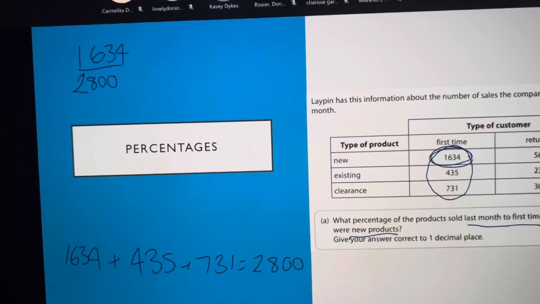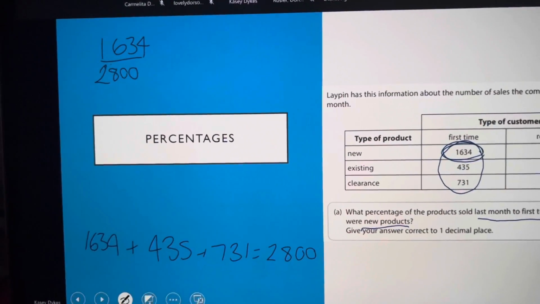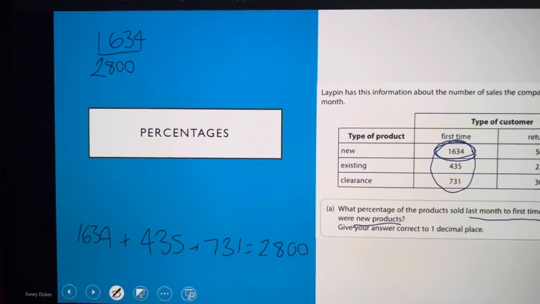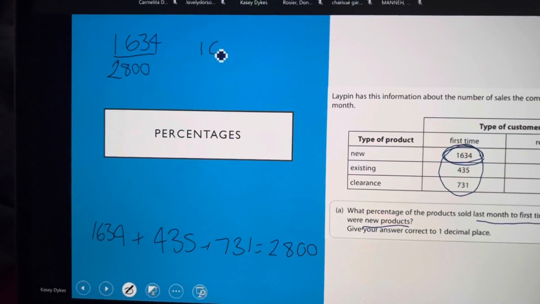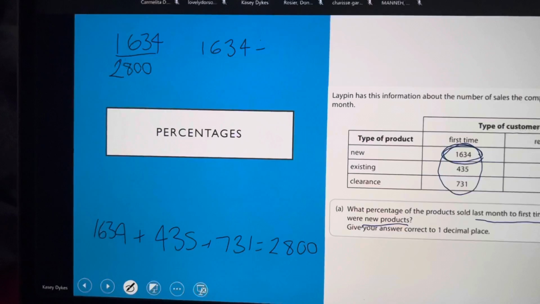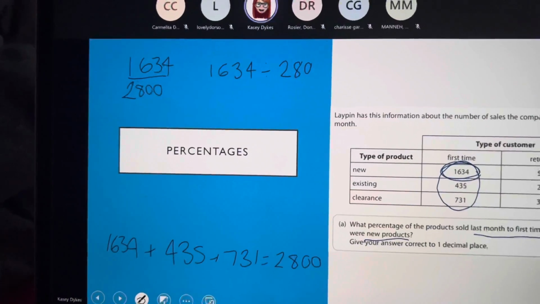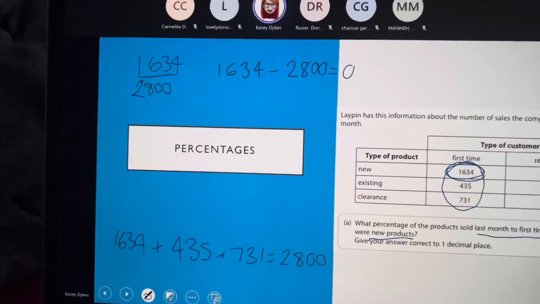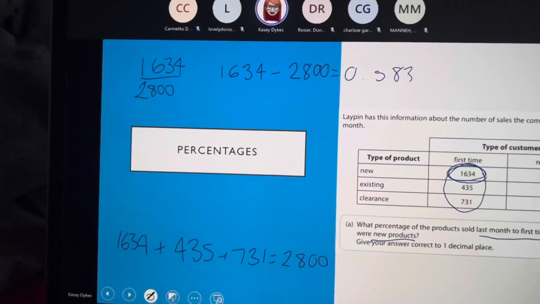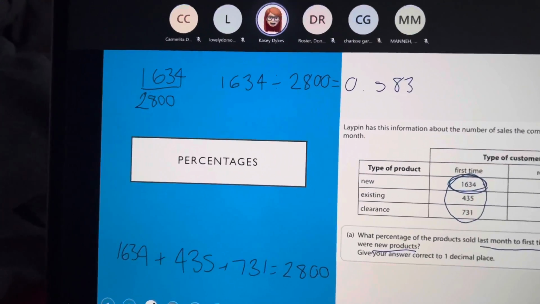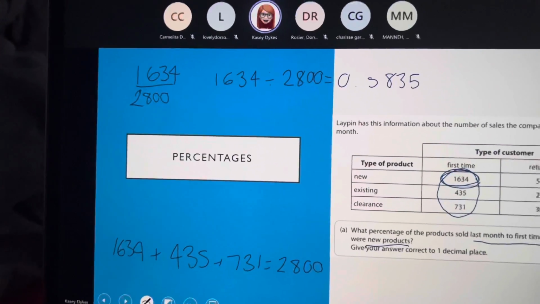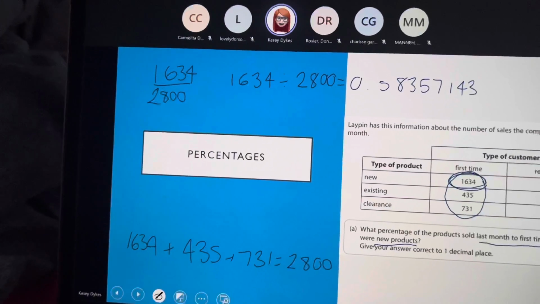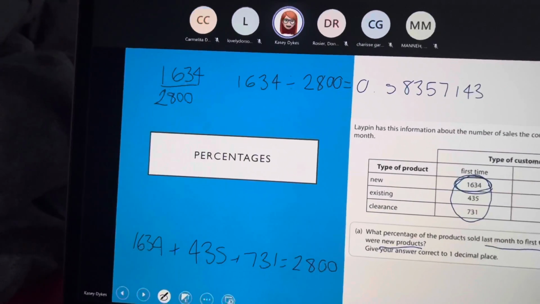To do that, we need to go via the decimal first. So we want to divide our top number by our bottom number. And that's going to come to 0.583, big old number, as I said, 57143. And then to turn that into a percentage, we're going to times it by 100.